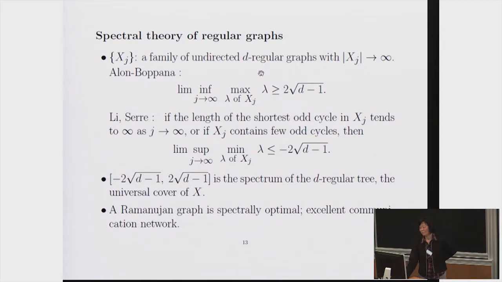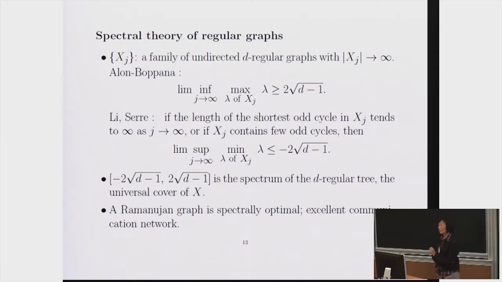And for the same family of graphs, one can ask the symmetric question. How about the other end? I look at the smallest non-trivial eigenvalue, and I consider the lim sup, whether that thing is less than or equal to minus twice root d minus 1. And the answer is that it's not always the case, okay?